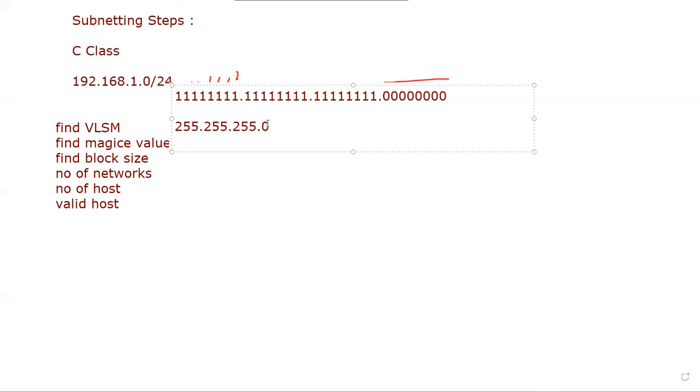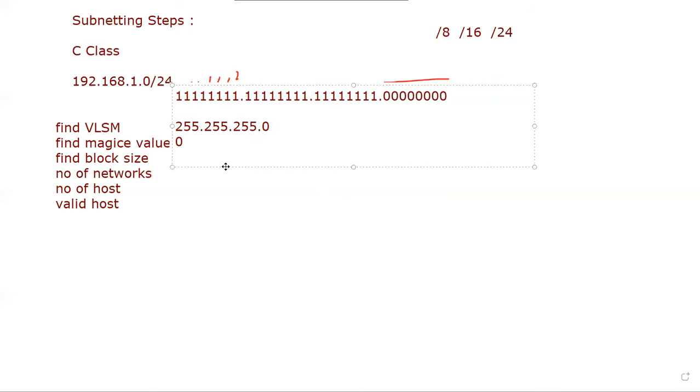If we don't consider fixed bits, because in VLSM we consider bits 8, 16, and 24, and we are not considering these, then the value that came with us is 0. So 0 is your magic value. We don't have to see the fixed bits. So the value that comes here, that is your magic value.